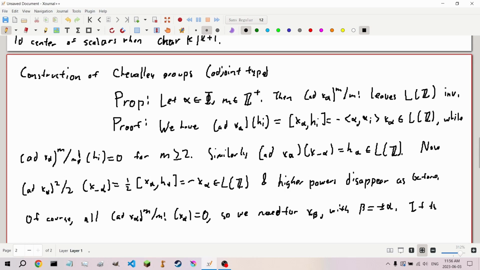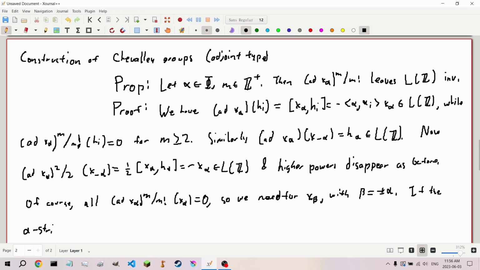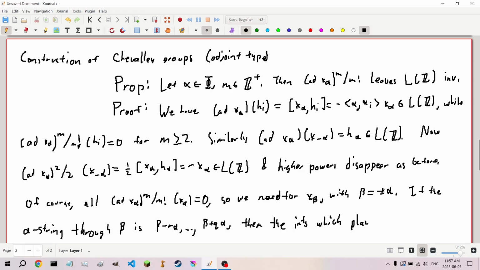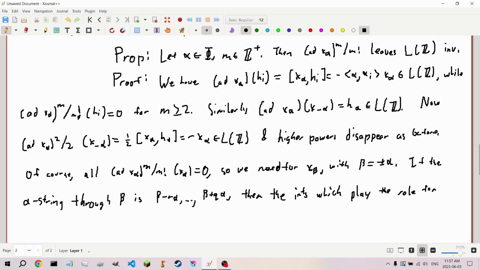If the alpha string through beta is beta minus r alpha through beta plus q alpha, then the integers which play the role of r for beta plus alpha up to beta plus q alpha are 1 plus 1 through r plus q.